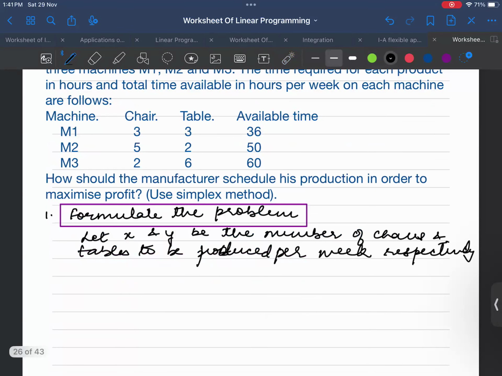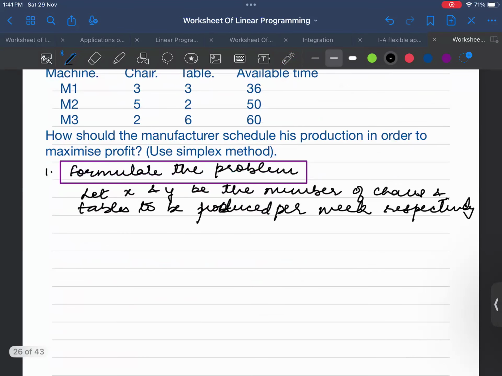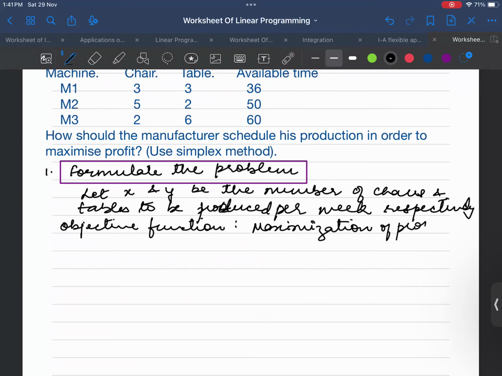Now, the objective function, I already explained in the previous video and class how to formulate it. So the objective function which is required, first of all, it's a maximization case. Maximization of profit, because you have to calculate the profit.